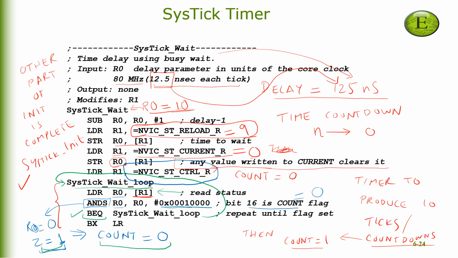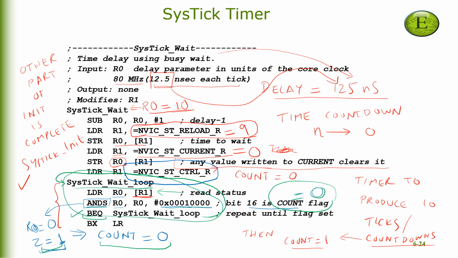Again, compare using, well, it's not comparison, it is a bitwise AND, but it works the same way. And so we keep on monitoring the status of the count flag. As long as the count flag is equal to 0, we keep looping. Essentially, the microcontroller is just doing nothing. It is just iterating between these three instructions. It's not doing any productive task.